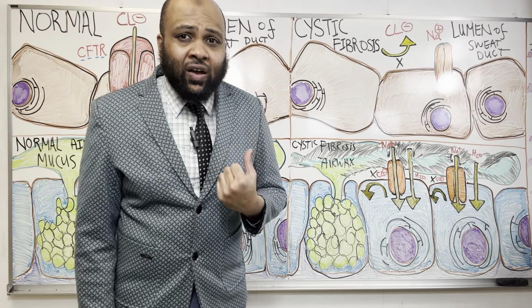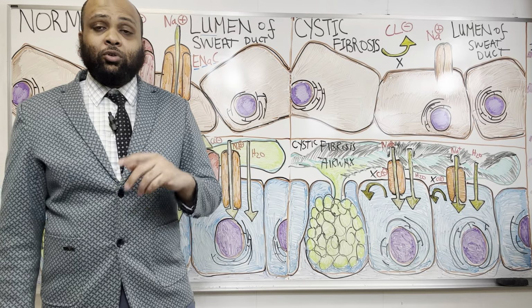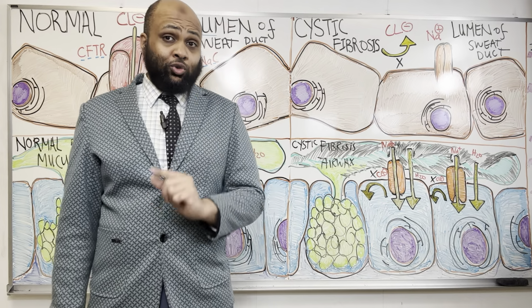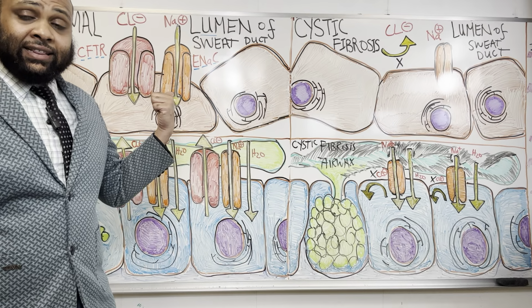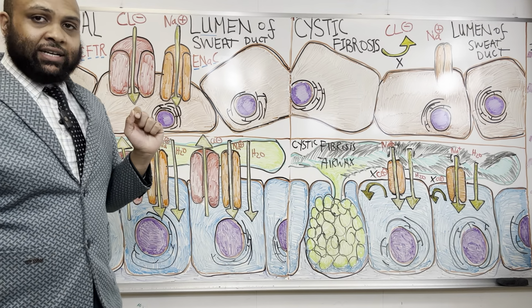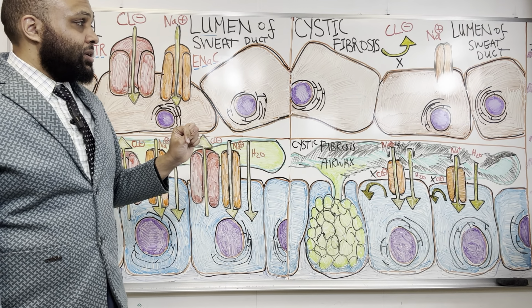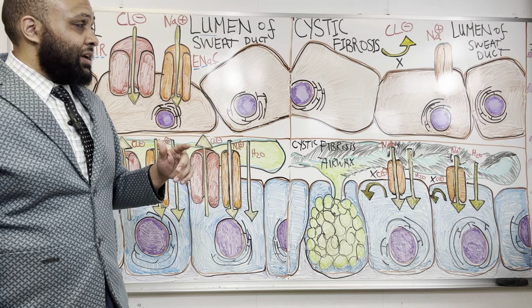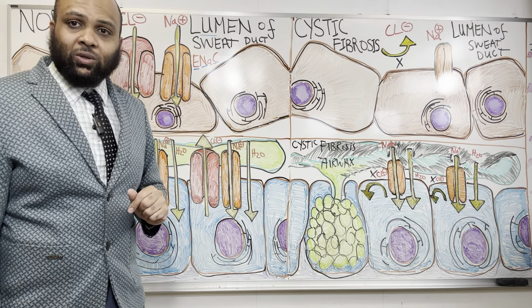So it's very important for you to understand, what does the cystic fibrosis transmembrane receptor do in the healthy body? In the sweat glands, it brings in chloride to the inside of the cell. So in cystic fibrosis, the chloride cannot be brought in because the cystic fibrosis transmembrane receptor is not there. Their skin will be salty.